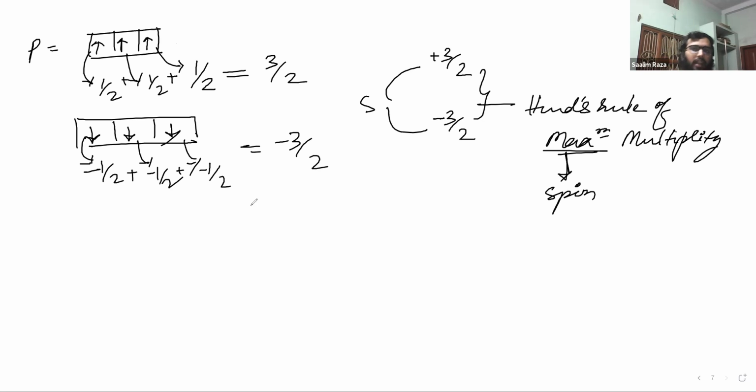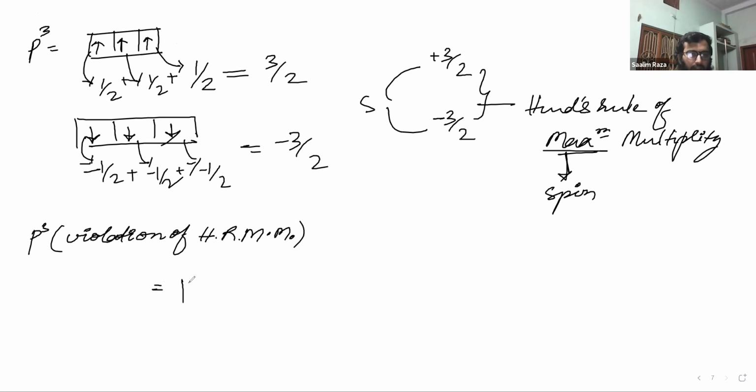If we violate Hund's rule of maximum multiplicity for p3, for example, and write it like this: this is the 1st electron, this is the 2nd electron, this is the 3rd electron. Here we have an upward spin that accommodates plus half, this accommodates minus half, and this accommodates plus half.